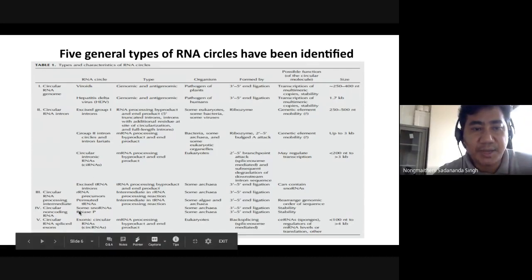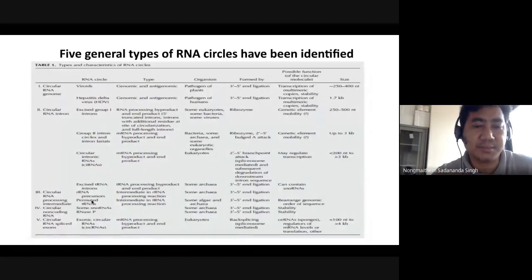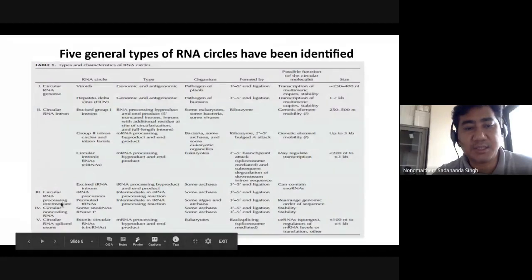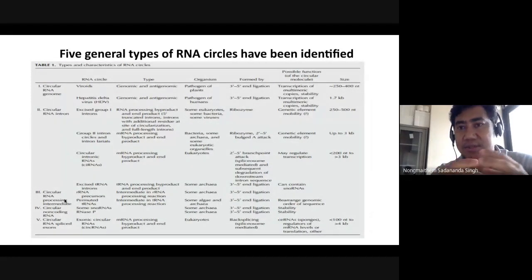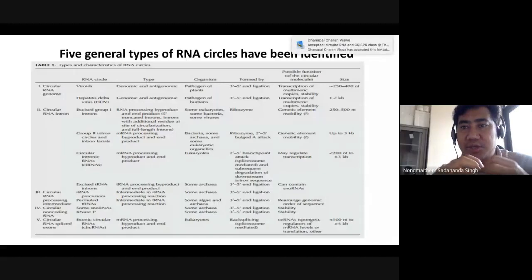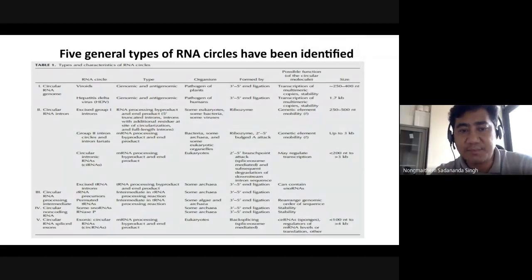And then you do have the process intermediate. What does that mean by the circular RNA processing intermediate? It is that it circularizes a certain segment of the primary RNA, and the processing enzymes recognize these circular RNAs and process them for maturation. We'll discuss a little bit about this kind of RNAs later.